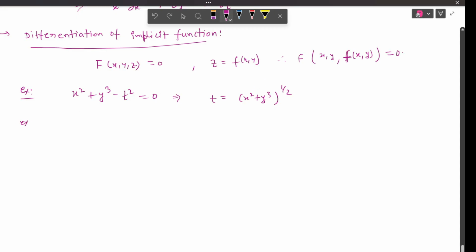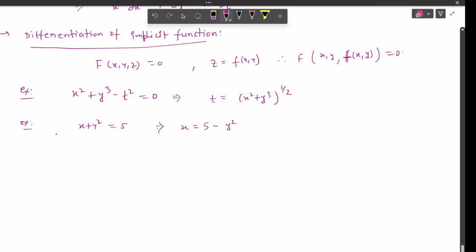If we take another example, let us say x plus y square is 5. It's an equation. So from this, if we say that x is 5 minus y square, then x is an implicit function of y. Okay, that's how it goes.